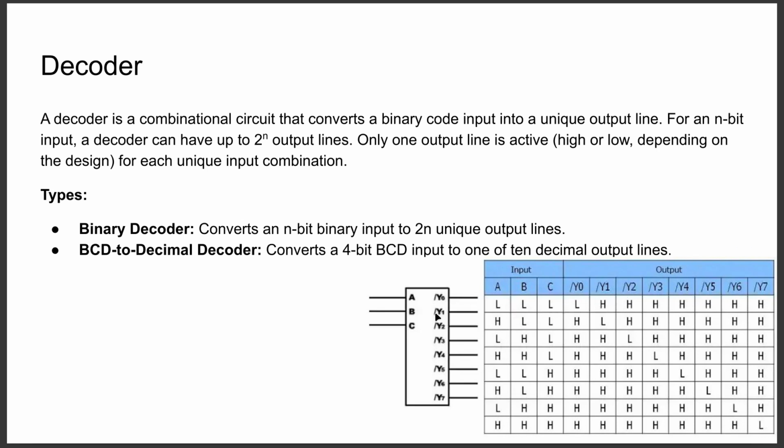As we can see, this is the typical diagram for a decoder. So when the input is all 0, the 0th output is low. When the input is 1, the first output is low, and so on.